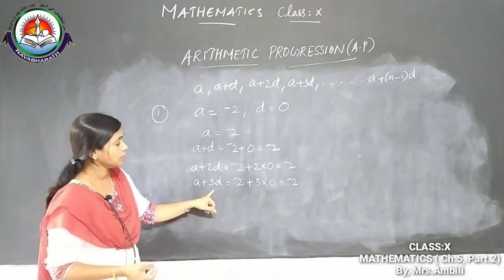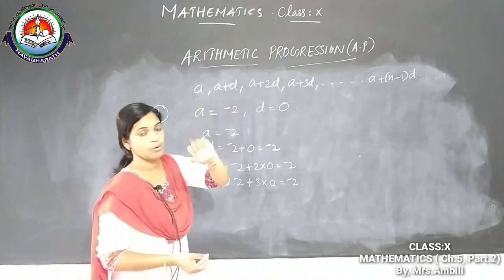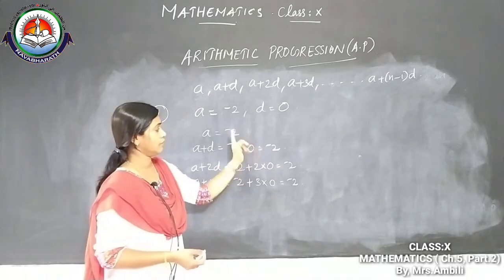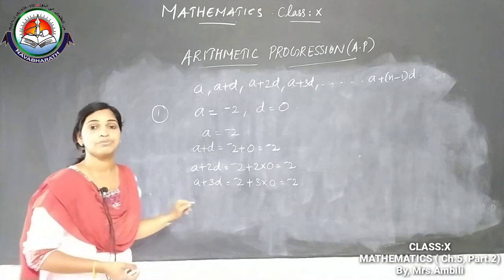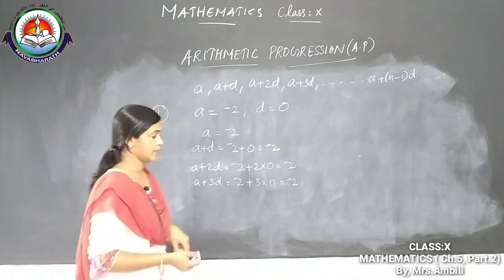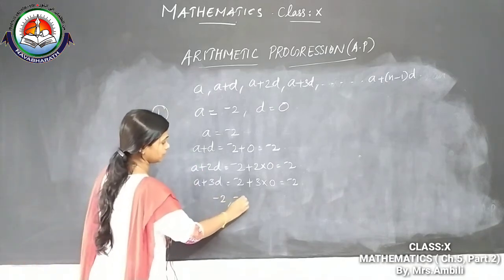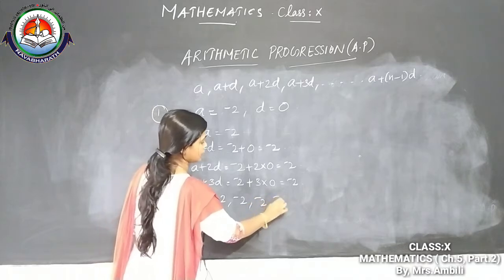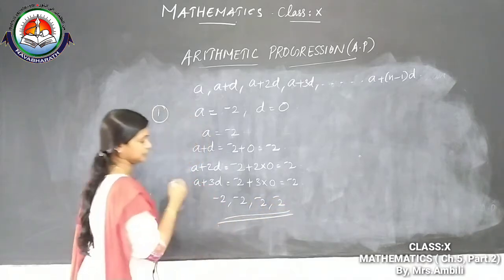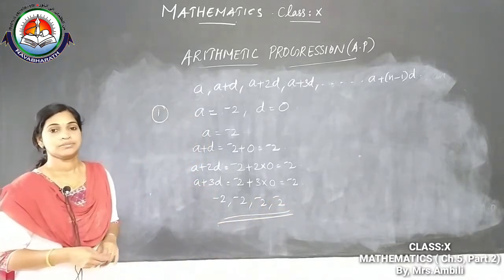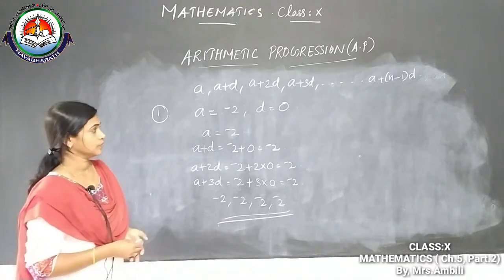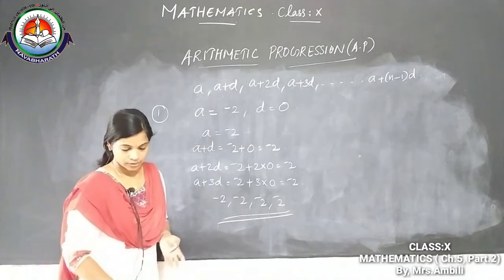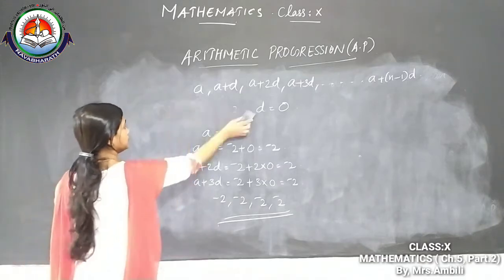Okay. So we need to find out 4 terms. We got 4 terms. 1, 2, 3, 4. Therefore, the first 4 terms of an AP are minus 2, minus 2, minus 2, minus 2. Okay. Any doubt? No. Easy question.